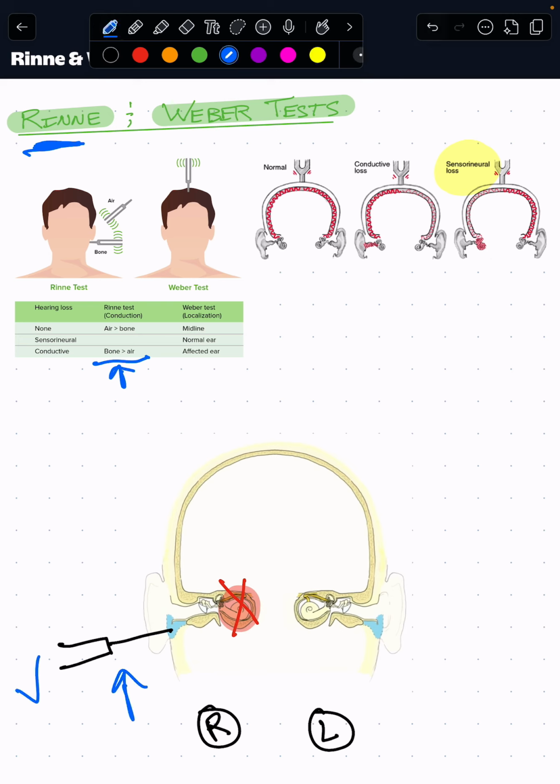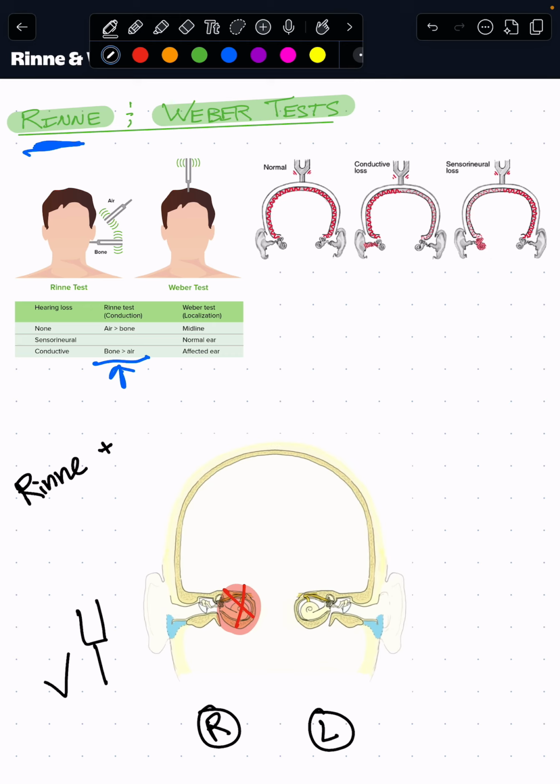They hear this, cool. And now, when we remove the tuning fork, sorry, let me put that back. When we remove the tuning fork and we have the tuning fork in the air, they're also going to hear this. So this means that the Rinne test in this aspect is positive.